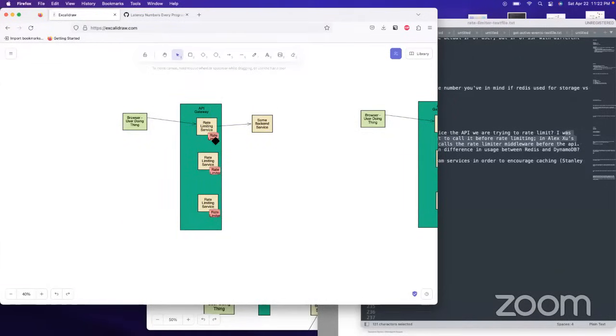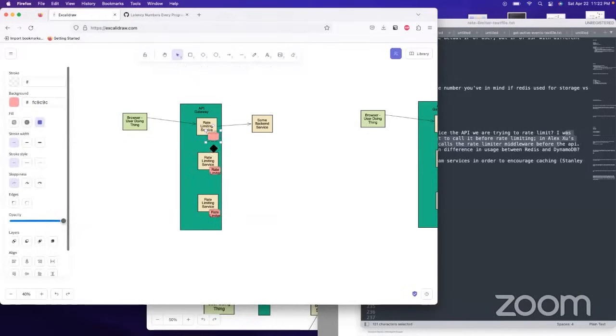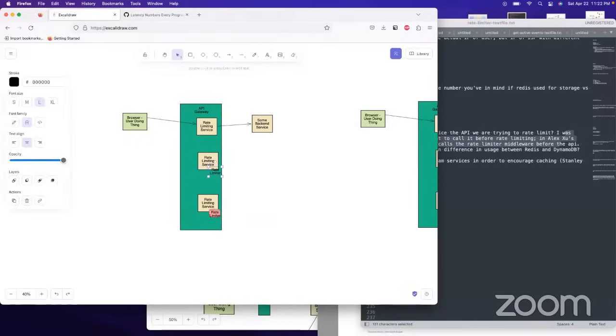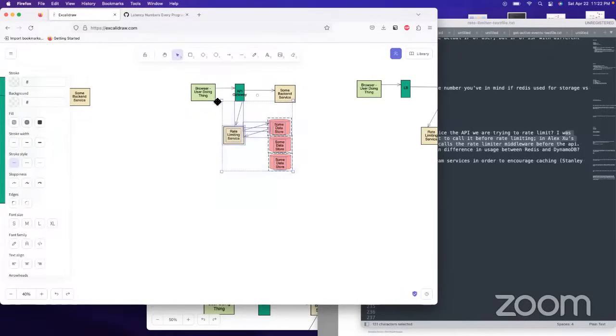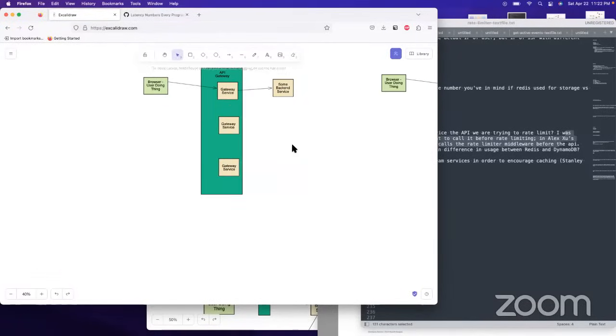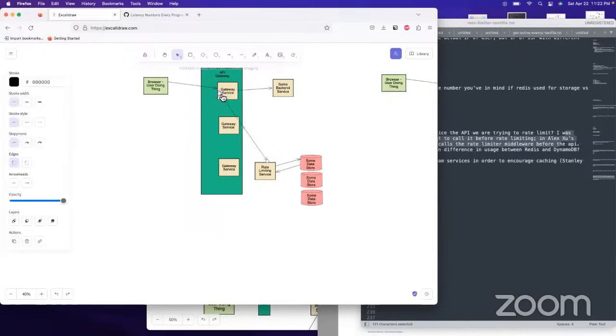So you have this, and then internally, it hits the gateway service. Say that we have 3 gateway service machines. Then you have something similar to this, where the gateway service calls a rate limiter service.